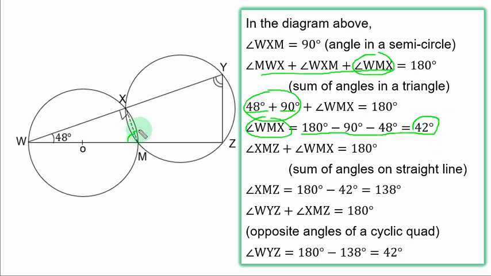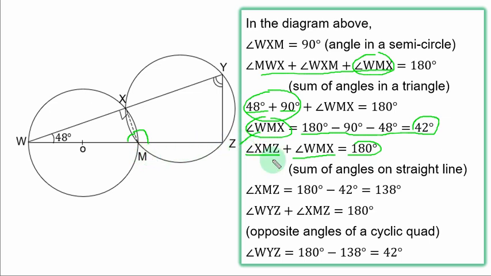Next is to get this angle. So we take the 2 angles on a straight line. That is angle SMZ plus angle WMS equal to 180. And what we need now is SMZ.